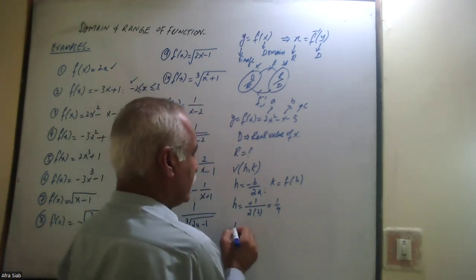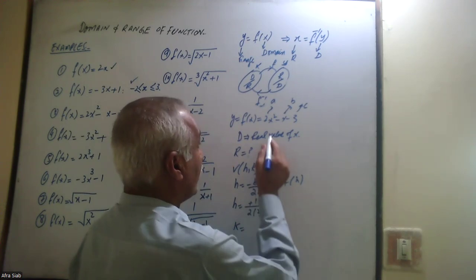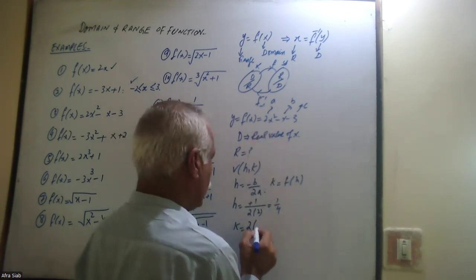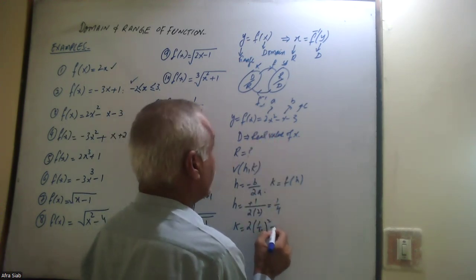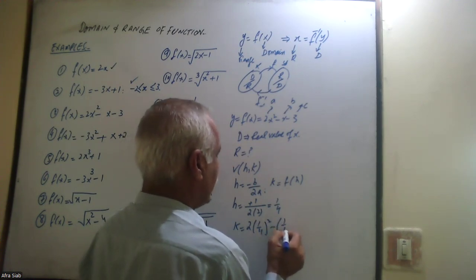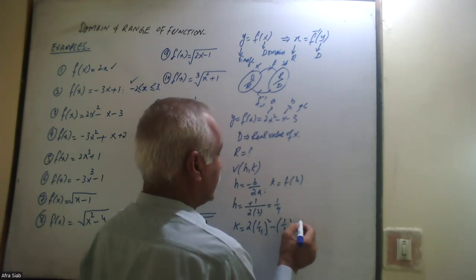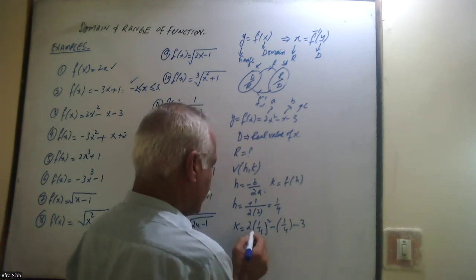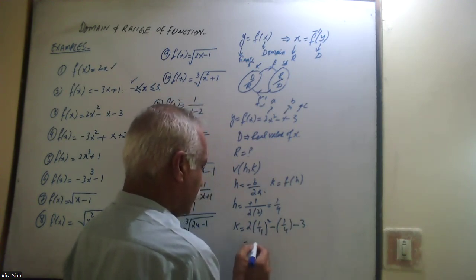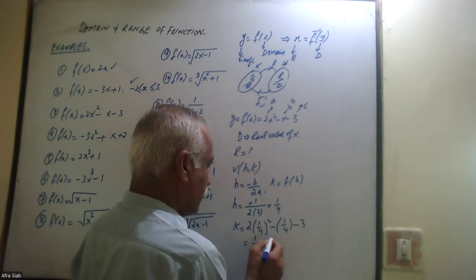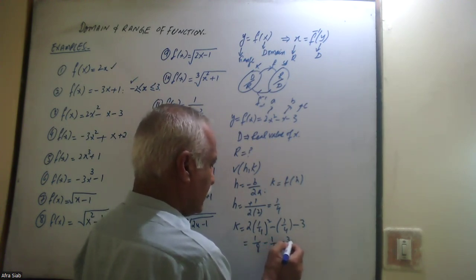And the k value is equal to f of h, so 2 into (1 over 4) squared minus 1 over 4 minus 3. So that value is equal to 2 by 16, that is 1 by 8, minus 1 by 4 minus 3.